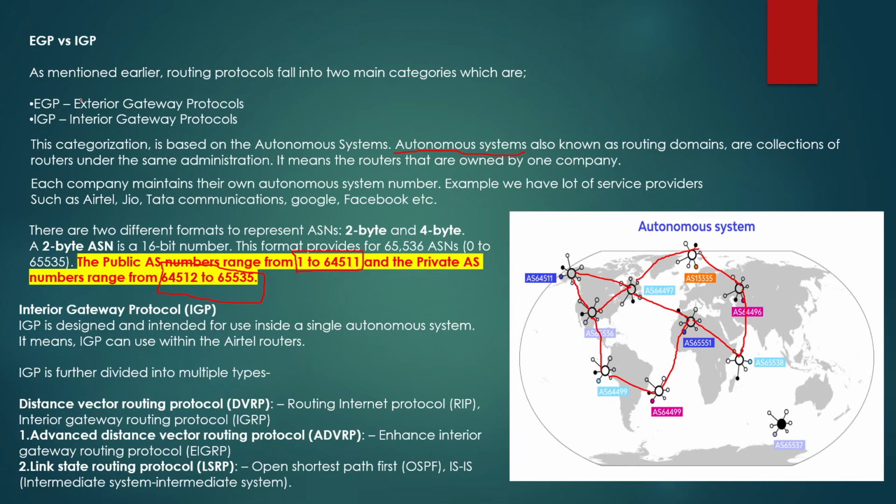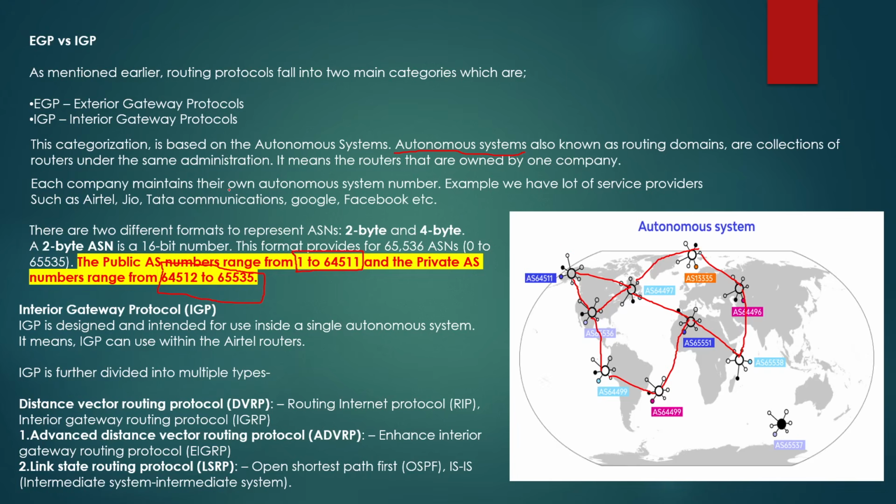The real-time example of BGP: from your phone you're using an Airtel SIM, and if you try to call a Jio number, the call will go, right? How is it going? You are using an Airtel SIM and you are able to call Jio or BSNL or whatever it is, because in India all the service providers are connected to each other with BGP.